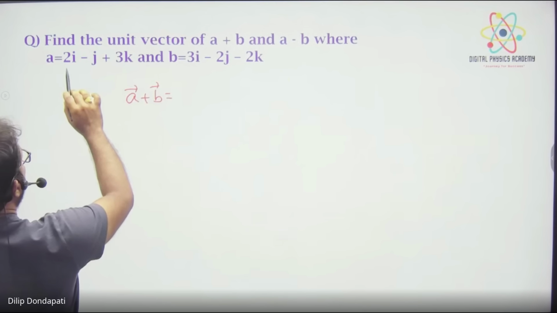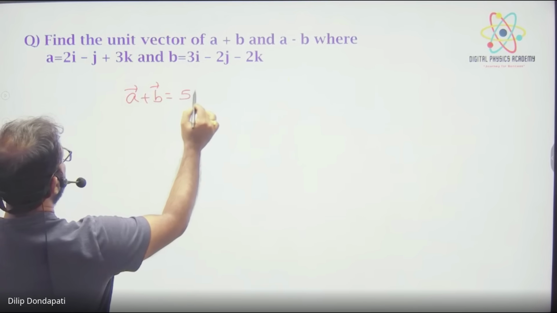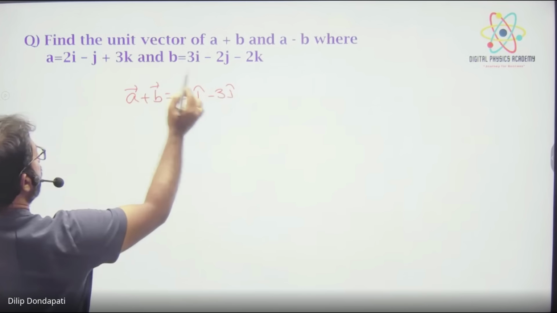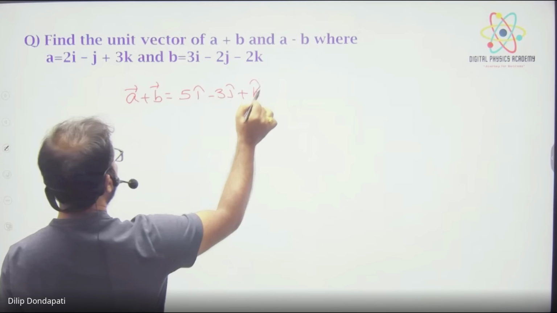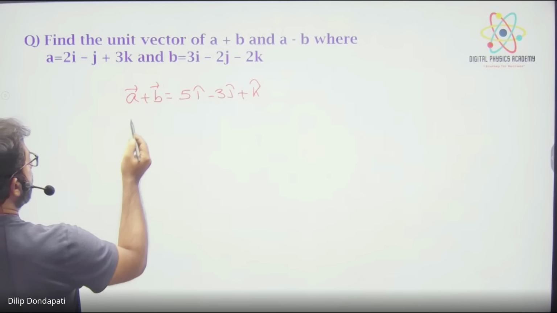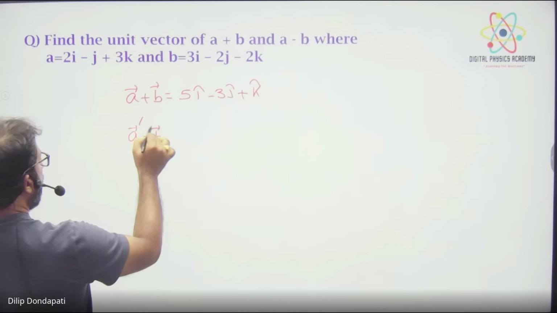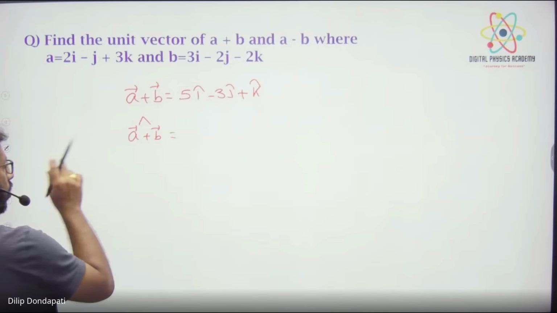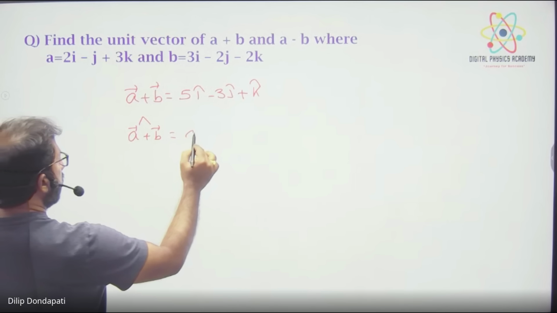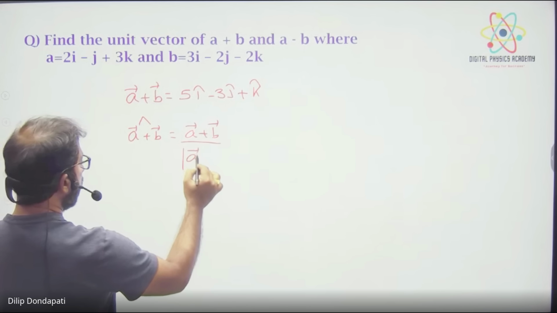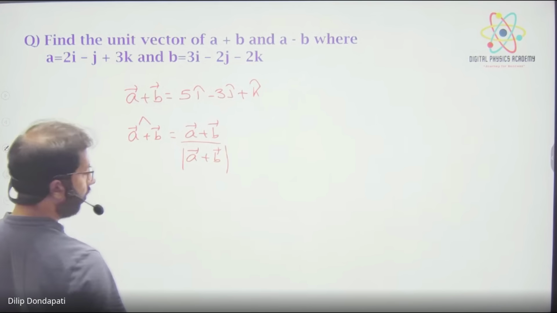So like terms add करो. It is 5 i cap minus 3 j cap plus k cap. Now he's asking unit vector of this one. So what is the formula unit vector का? Vector A by mod A. So A vector plus B vector by mod A vector plus B vector. Find करो.